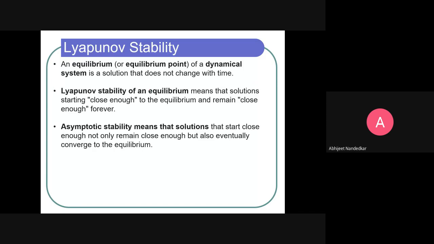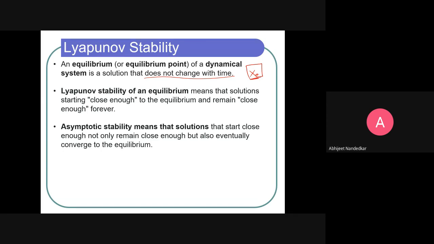So he defines an equilibrium of a dynamical system as a solution that does not change with time. Suppose I say xc is the state of a machine when it is in equilibrium.